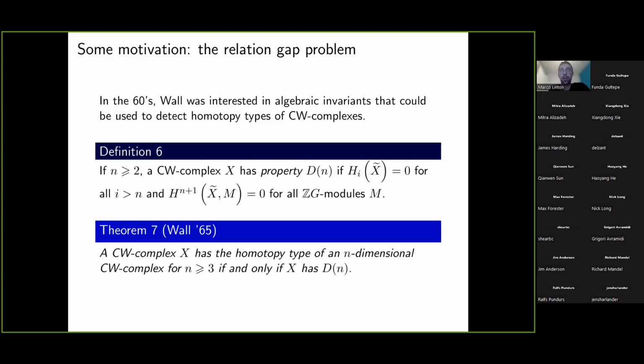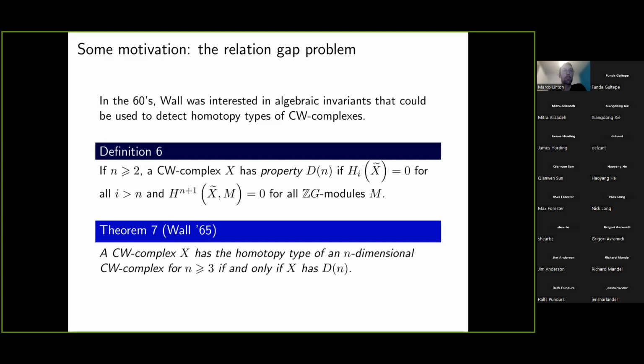So if the cohomology over any ZG module M vanishes in dimension n+1. Okay. And it's a theorem that Wall proved in 65, that if you have a CW complex X and this CW complex X has property Dn, then it's actually homotopy equivalent to a complex of dimension n. Okay, this is an if and only if.